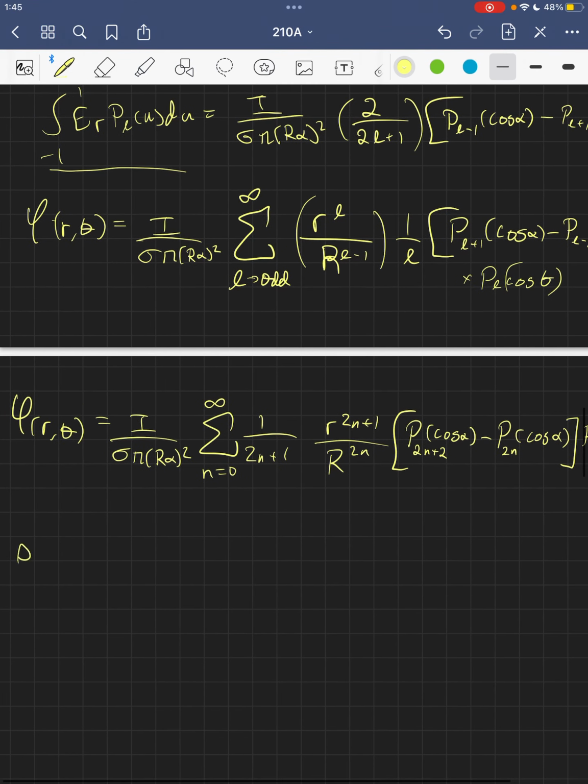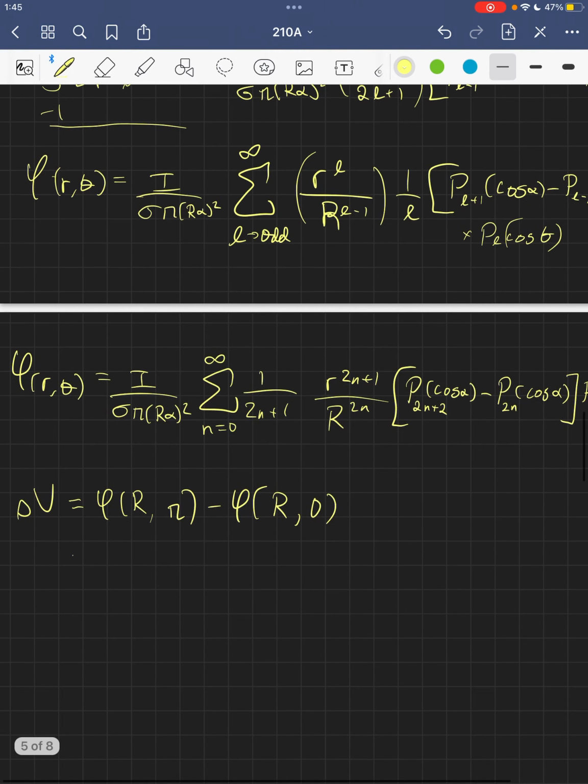Now we get the potential difference. Again, I said this at the very beginning, but you apply it at capital R at the surface, right? Because we're getting the potential difference between the two electrodes: phi of R and theta minus phi of R and 0, where theta is equal to 0.